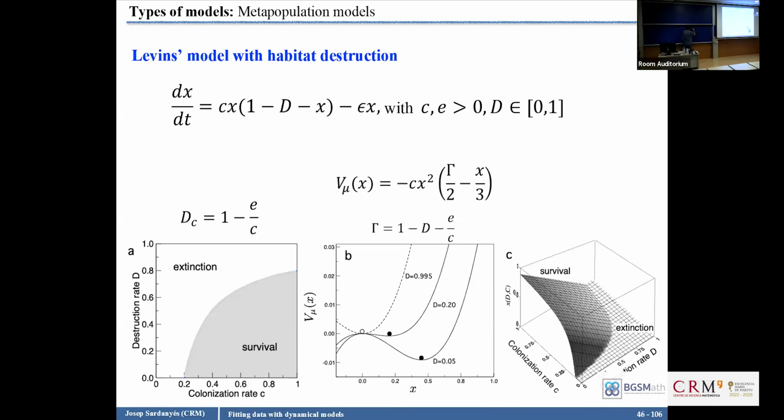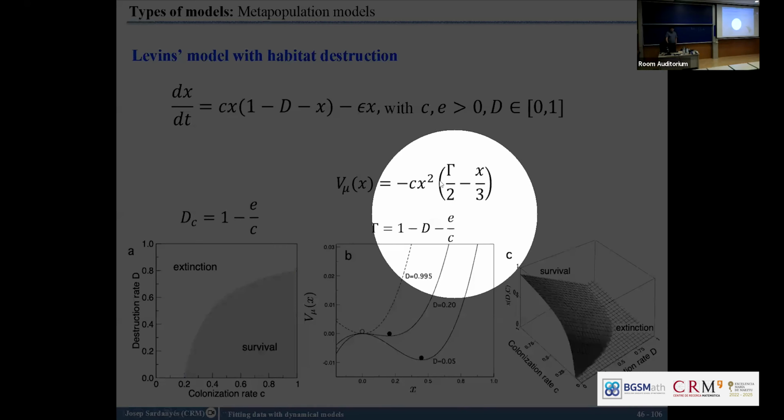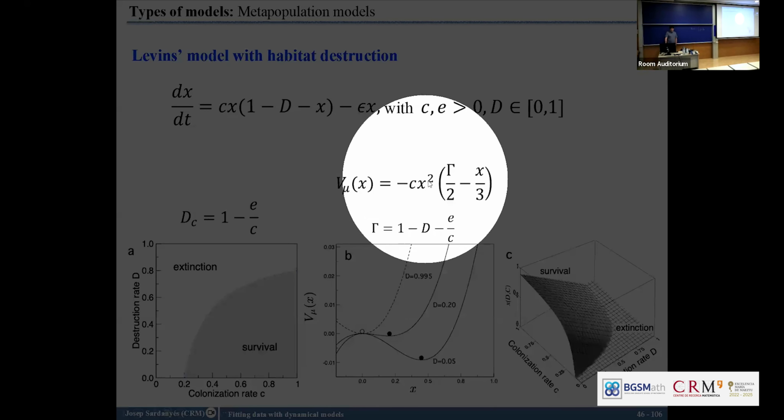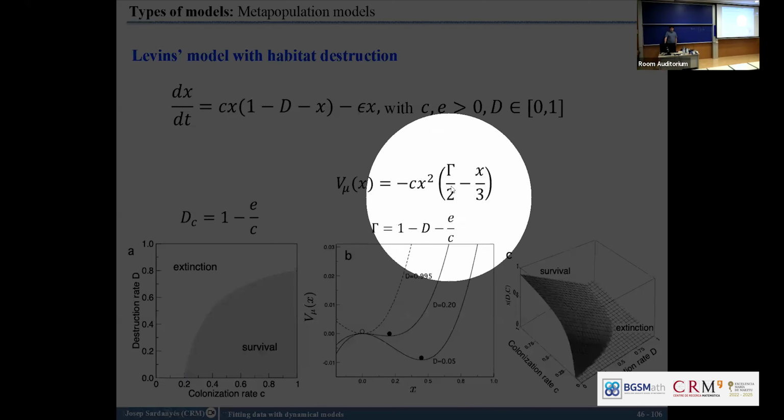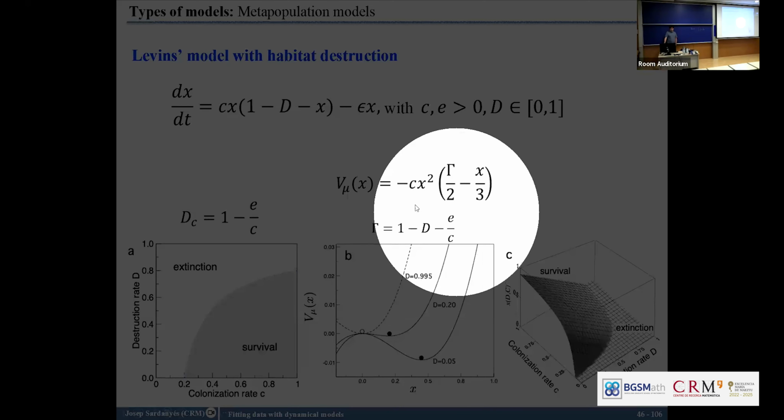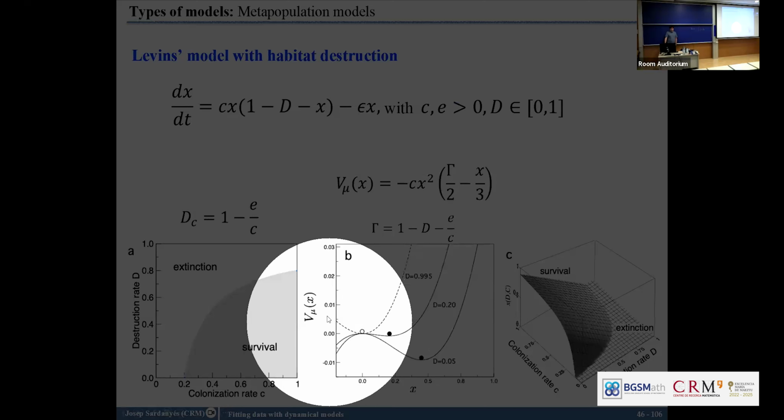So the potential is minus the integral of the vector field dx. And you can compute it most of the time analytically, and what you obtain is this value of the potential as a function of x, and then depending on the parameters, where here you have this capital gamma, which depends on all the parameters, it gives you the potential.